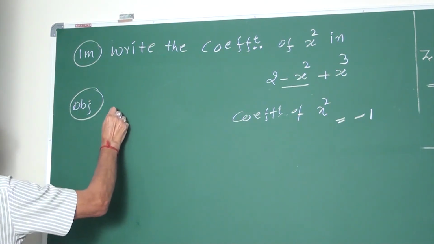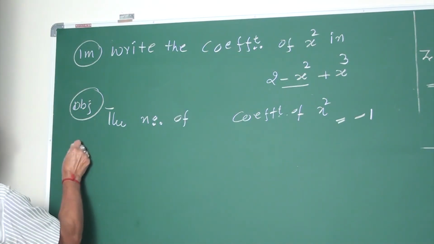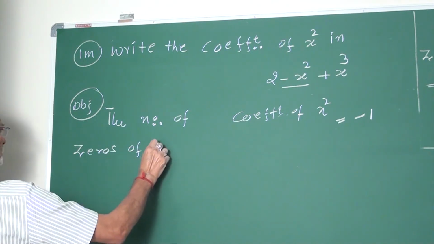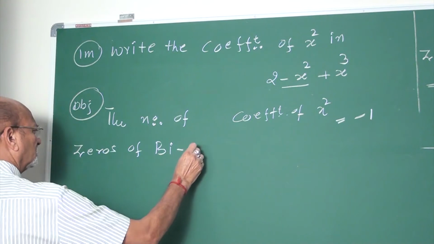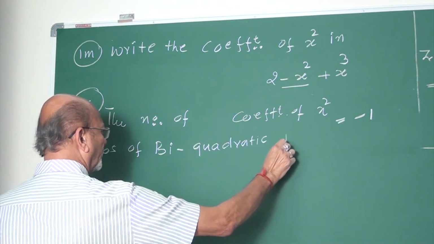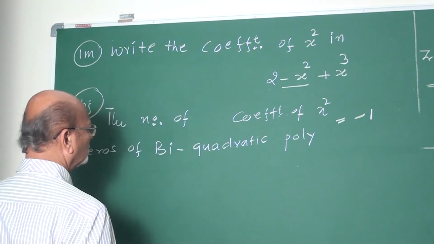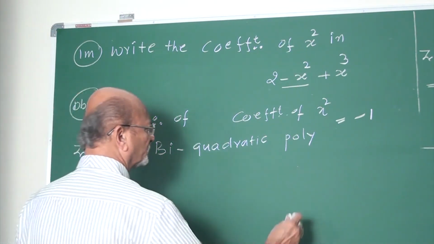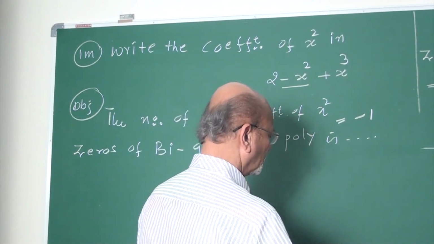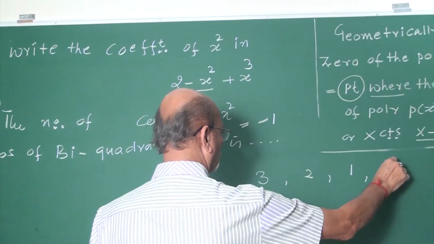The number of zeros of a biquadratic polynomial is, my friends, dash. These are the options: 3, 2, 1, 4.